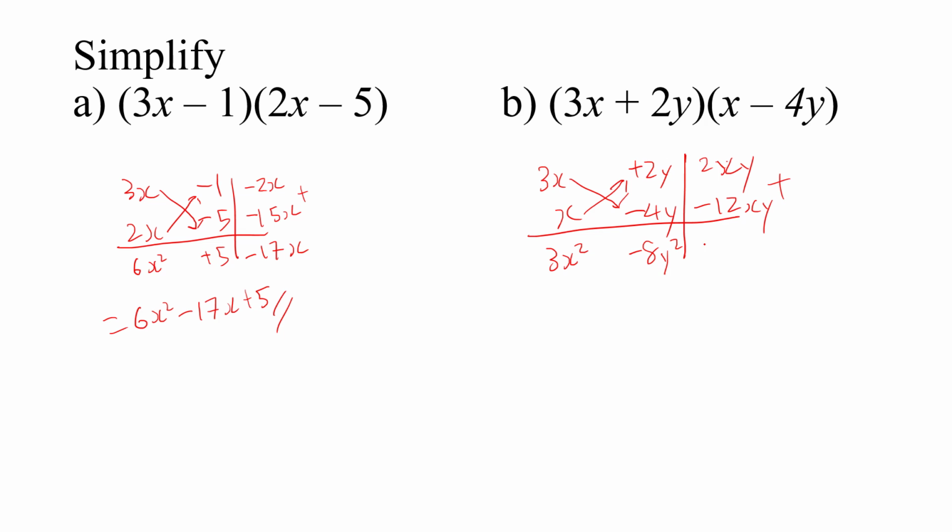I add them up, I will get negative 10xy. So my answer will be 3x squared minus 10xy minus 8y squared.